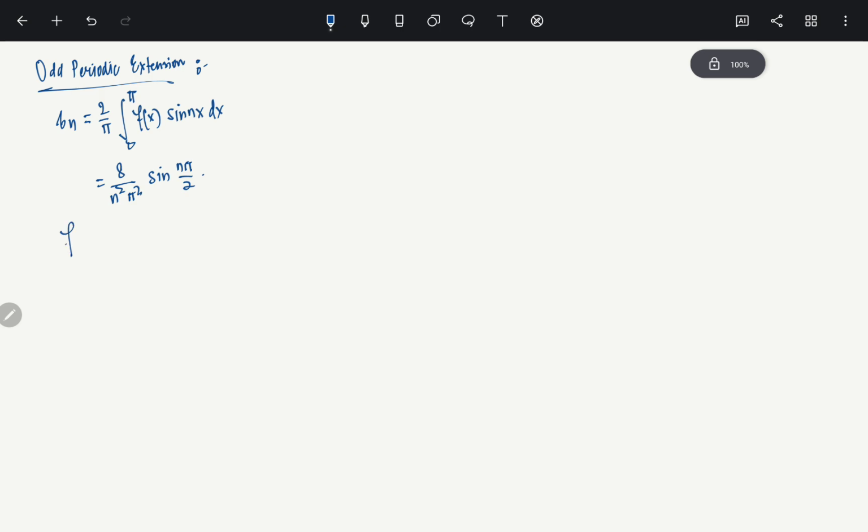And then f of x, which you are going to get, let me write it this way, it will be 8 by pi square, 1 by 1 square sine x minus 1 by 3 square sine 3x plus 1 by 5 square sine 5x minus, it goes on like this.